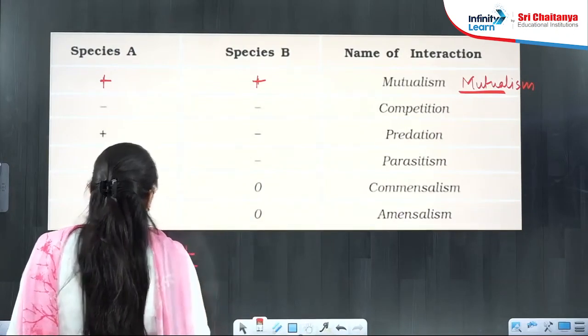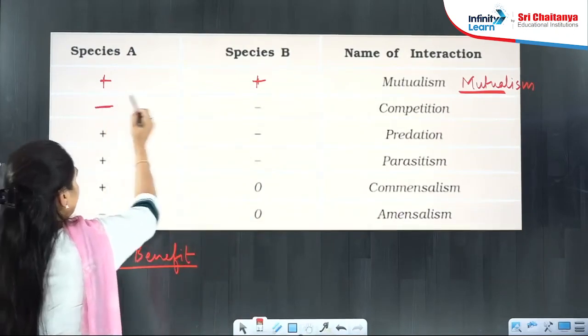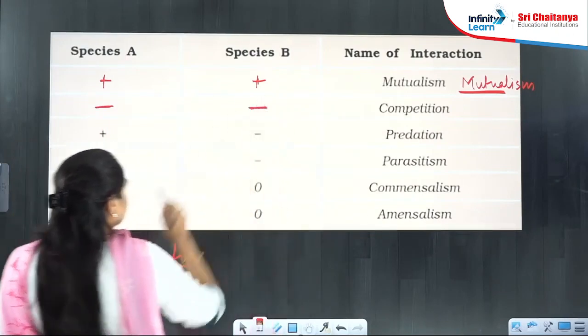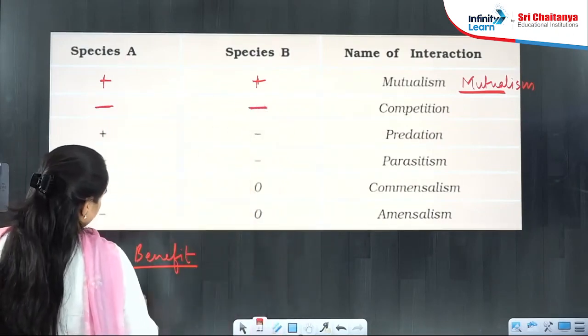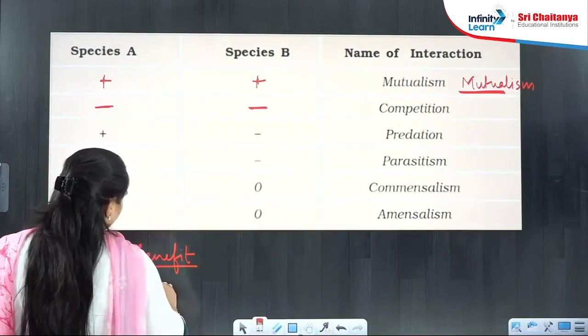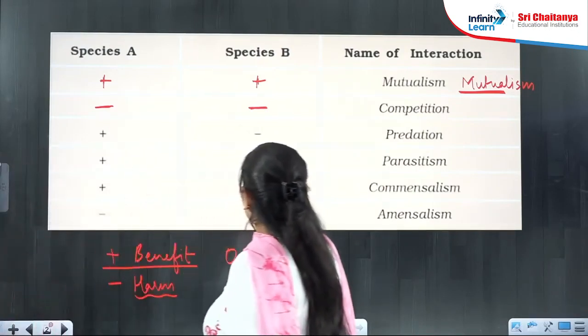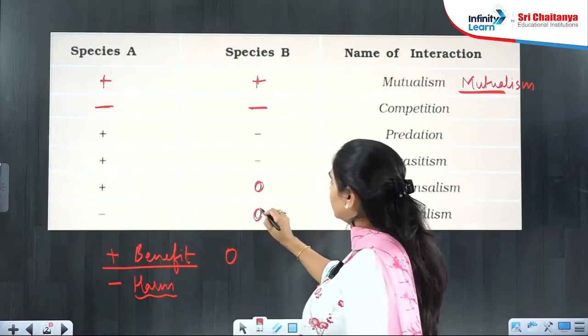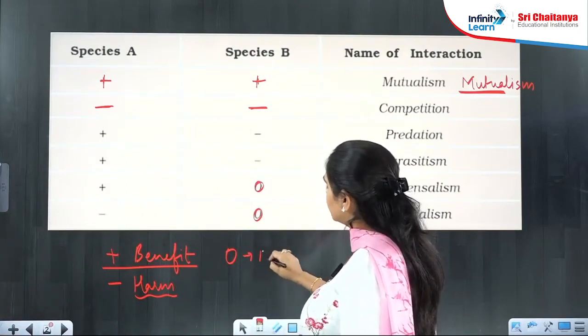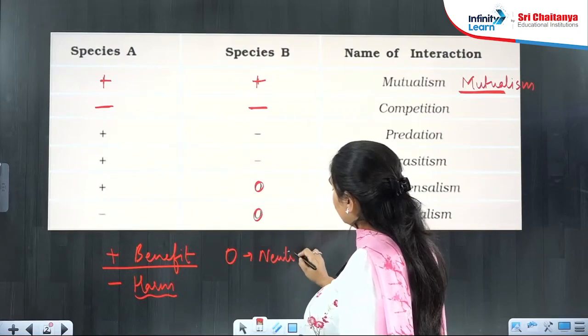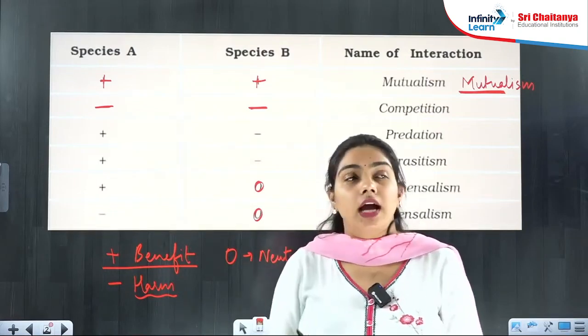Minus means it is harmful, it is getting harm. And 0 means it is neutral. It is not benefited. It is not harmed.